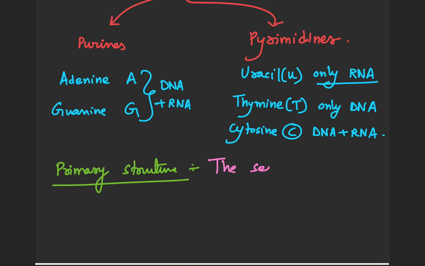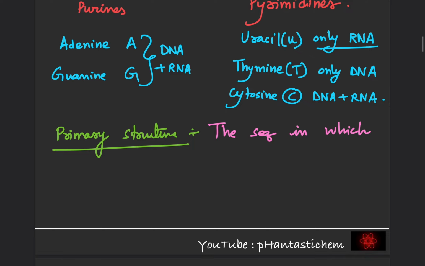The sequence in which the four nitrogen bases. So in the case of DNA, the four nitrogen bases will be adenine, guanine, thymine, and cytosine. In the case of RNA, it is going to be adenine, guanine, uracil, and cytosine, right?